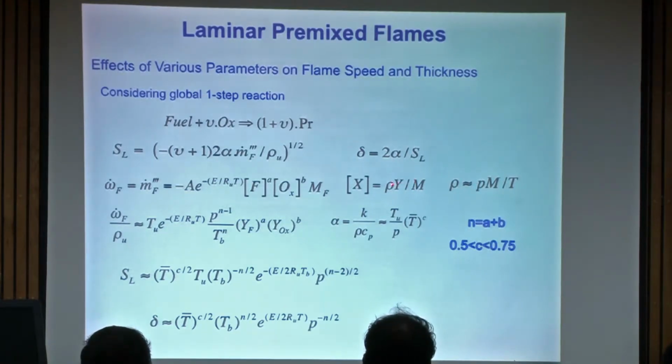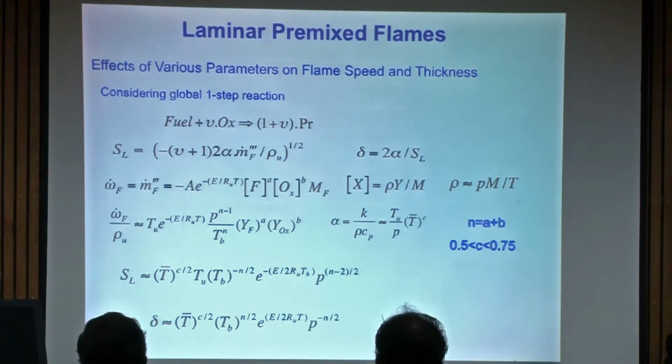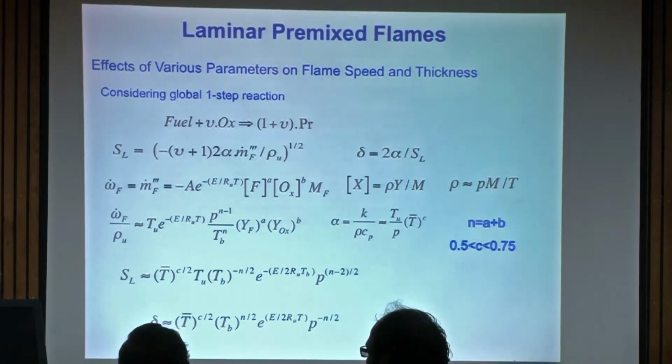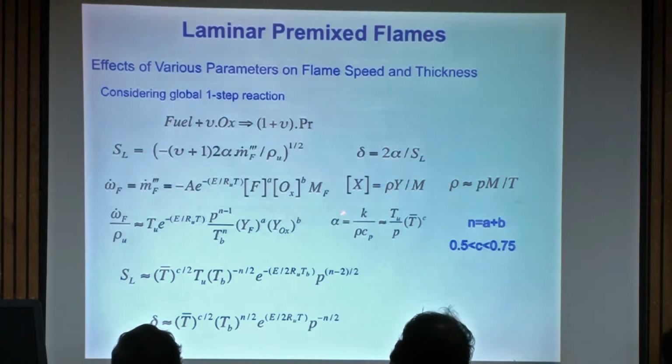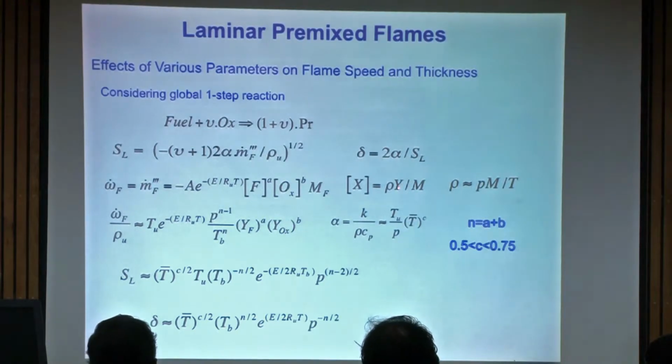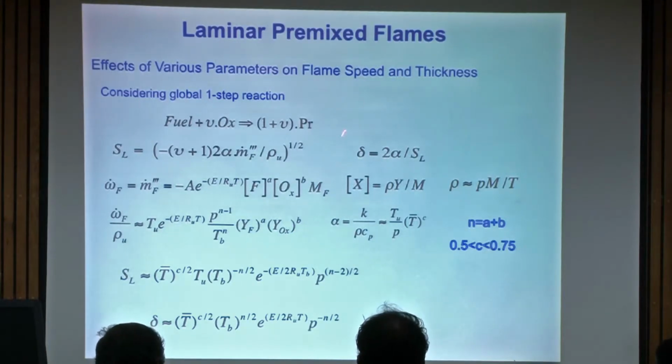Because if you multiply concentration by molecular weight, concentration is number of moles per unit volume, you get mass per unit volume, which is rho times Y. This is written for any species, so there should be rho times Yi. And then for pressure, the density is given by the equation of state.